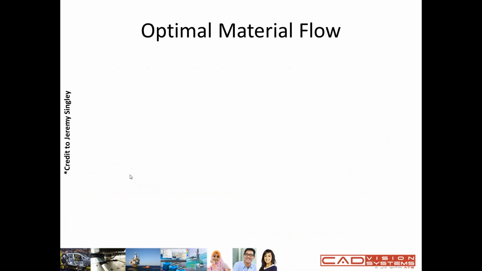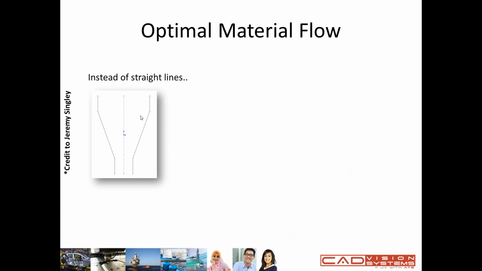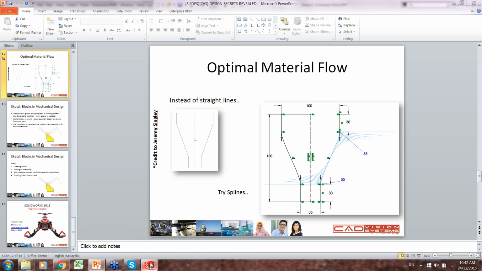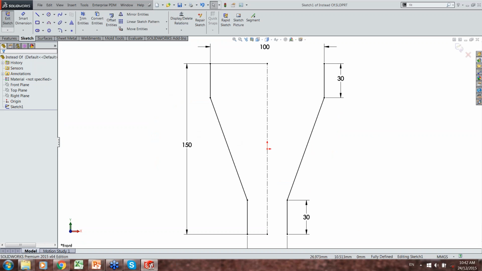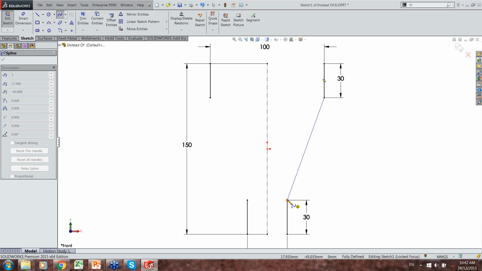So instead of straight lines, when you are doing your design, let's say a flow or a filter like this, let's take a look at an example right here. If it's a straight line, let's delete this first and create a spline instead.